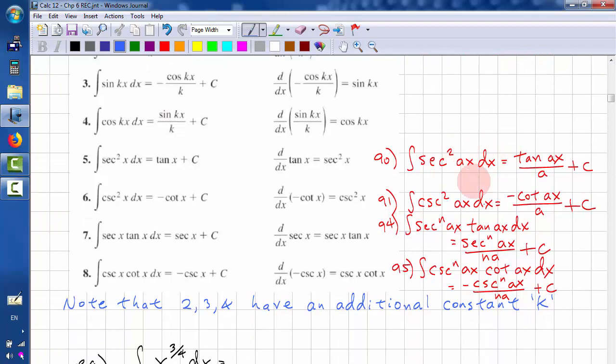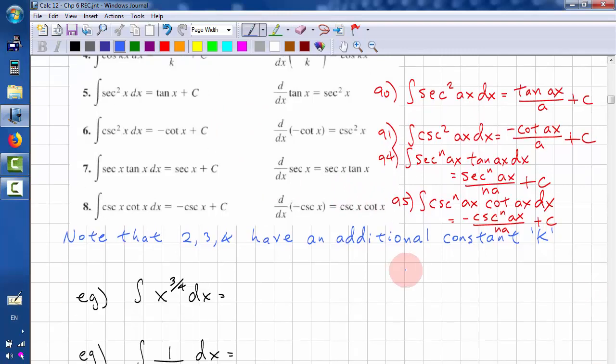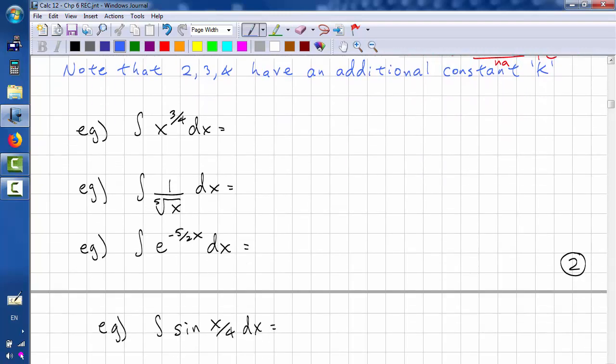I'm not going to read these out for you, but we have the a coefficient, and it's useful if you have this table in your reference sheets. Please note that 2, 3, 4 have the additional coefficient k's. So let's take a look at some examples.